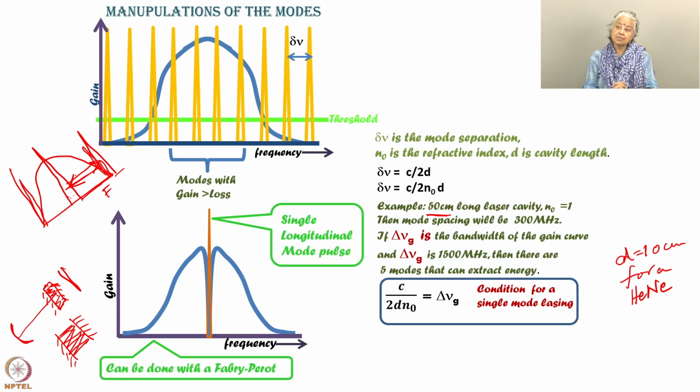Now, suppose my aim is to get out more energy, then I would want all those modes within this gain profile to grow in my gain medium, or to be sustained in the gain medium, so that I get all these modes to laze, and extract the gain from this gain medium. The way it is done is mode locking, or mode synchronization.